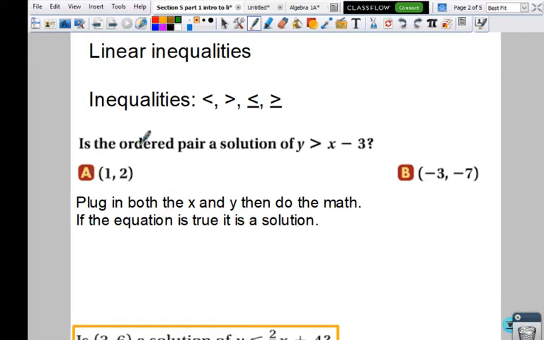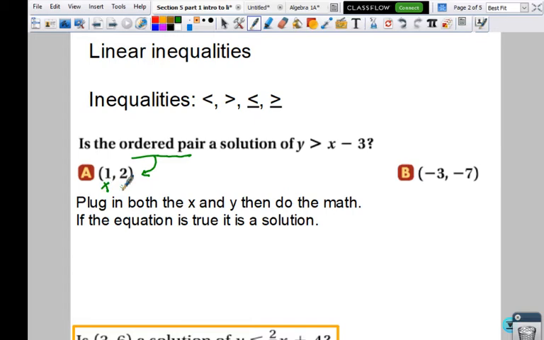Okay, I want to know, is the ordered pair, remember, ordered pairs are just these parentheses. That's all an ordered pair is. And I want to know if they are a solution of y is greater than x minus 3. So what I'm going to do is I'm going to take this 1, 2, and I'm going to plug it in for x and y. And then I'm going to do the math, and I'm going to see, is it true or is it false?